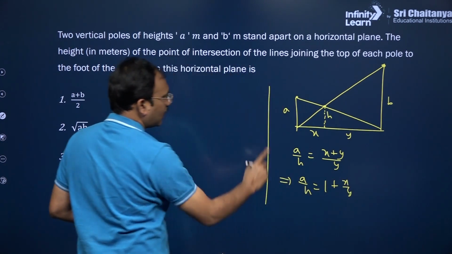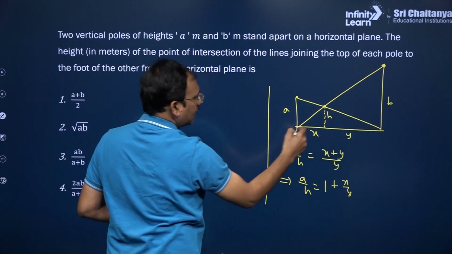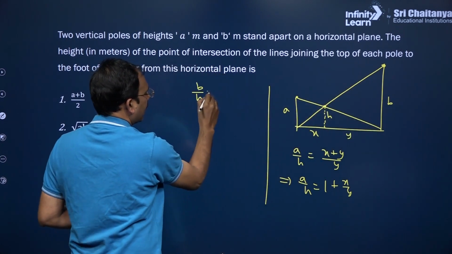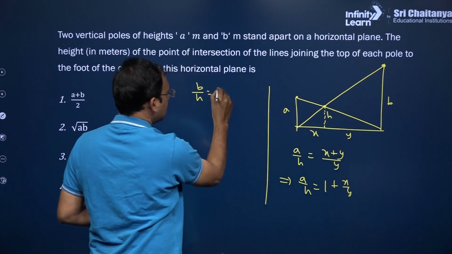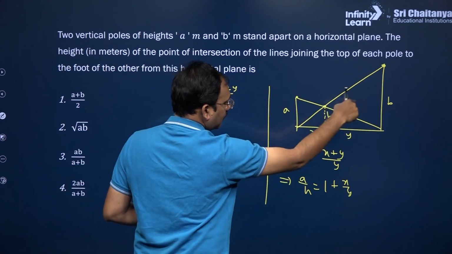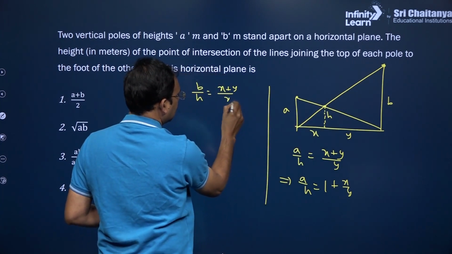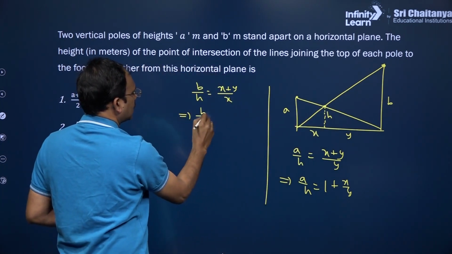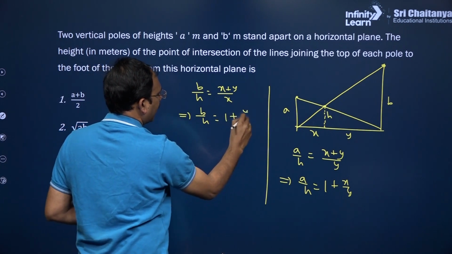In the same way, from the second triangle, if you take b by h, the total is x plus y, divided by x, which implies b by h is 1 plus y by x.